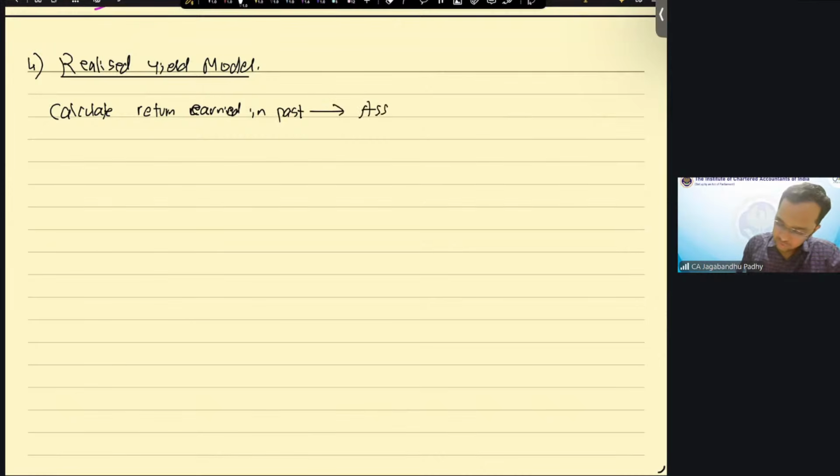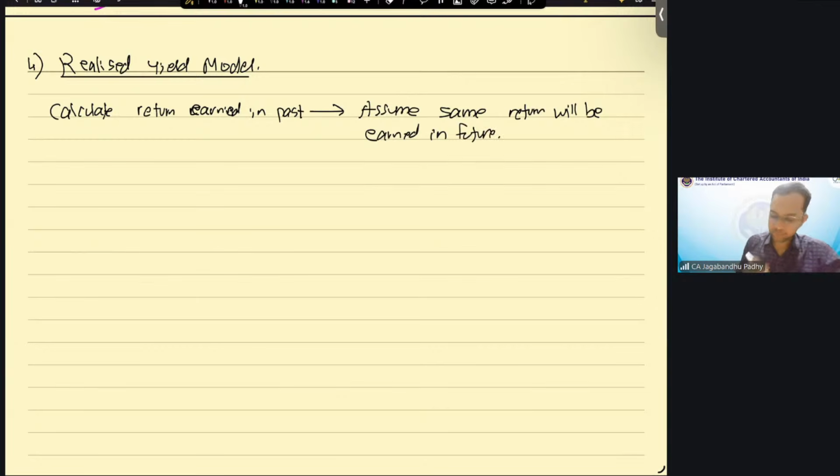And then you assume the same return will be earned in future. So you're calculating the return which was earned in the past, and also assume the same return is going to be earned in the future. Okay. So assuming that the same return is going to be earned in the future, you calculate the realized yield.